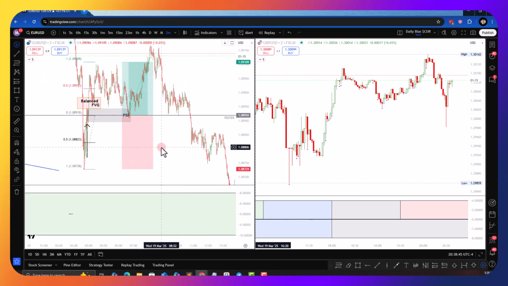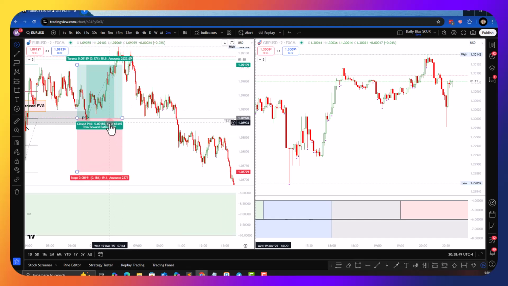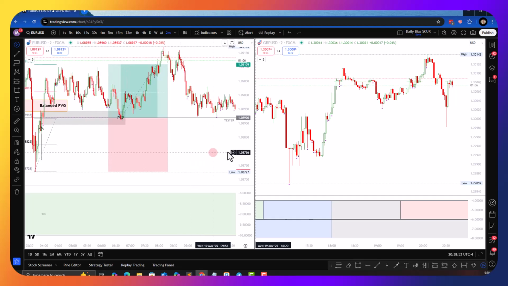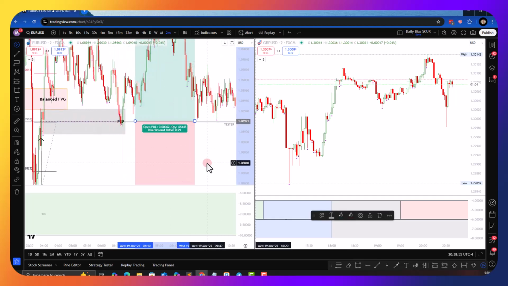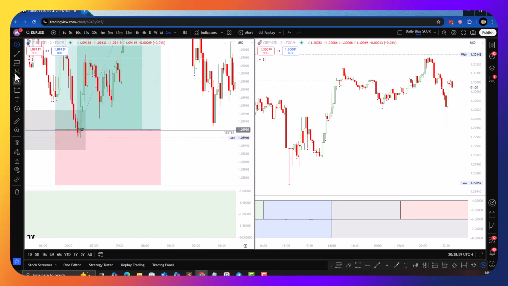Now, today got a little tricky. I mean, yes, taking the trade, getting one-to-one profit, that's great. Also, you could refine it. You're seeing, again, more balanced fair value gaps forming. I see one form here.